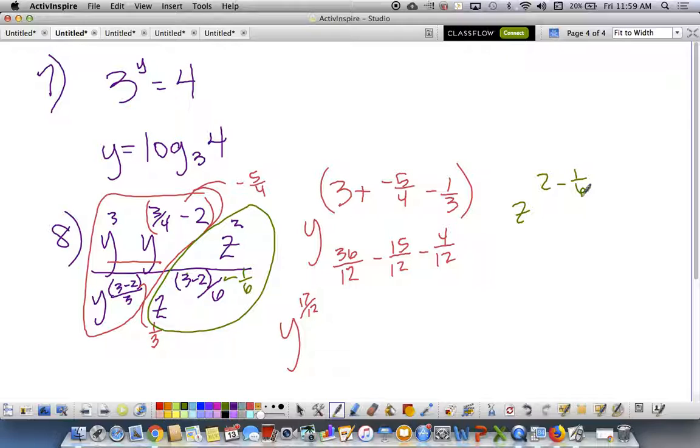Oh, that one's so much easier. 11 over 6. If you did common denominators, you did 12/6 minus 1/6. So you have a z raised to the 11/6. And you have an answer.